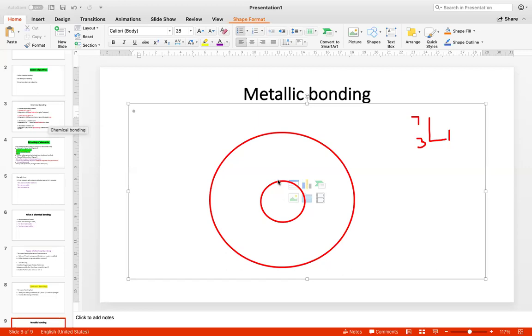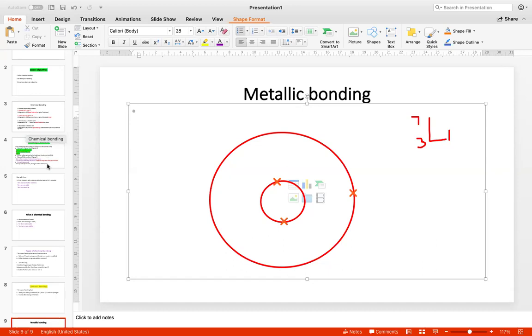Maybe let me use a different color so that we understand better. So the first shell will have 2, 1 here and 2 there. Then the second, there are 3, we have used 2. Therefore, only 1 remains.